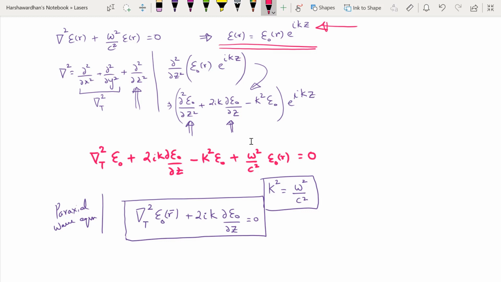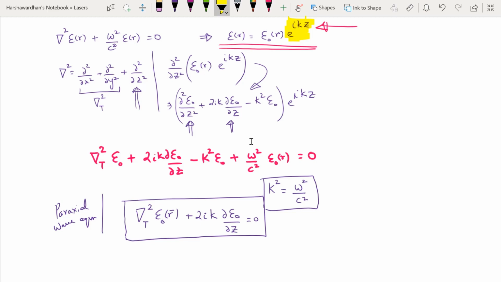And because we have chosen z as the propagation direction, there is a factor exponential i k z as the phase that explicitly comes in. So let me go back and look at our del square operator.